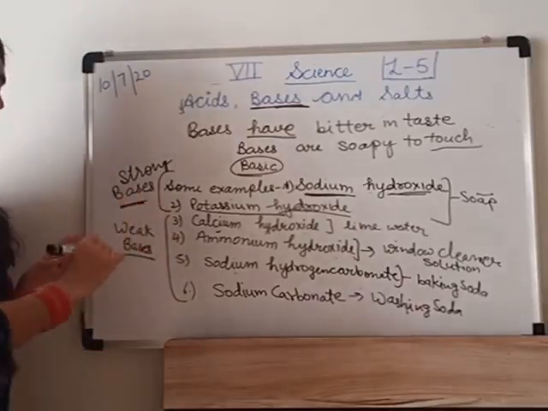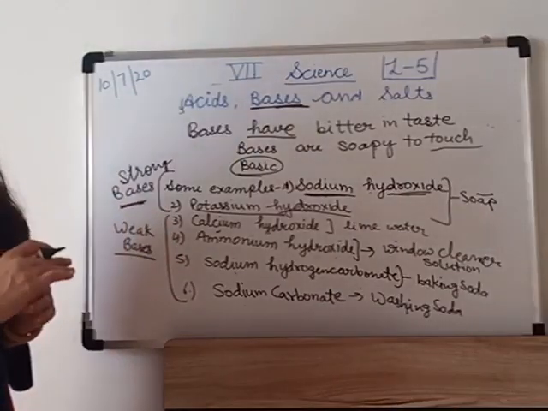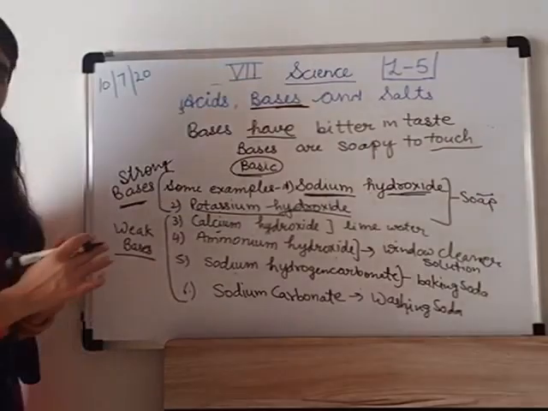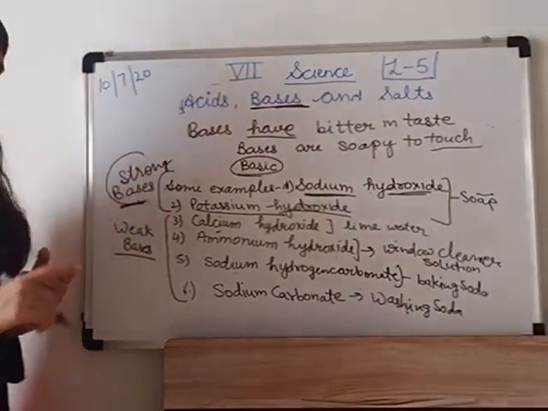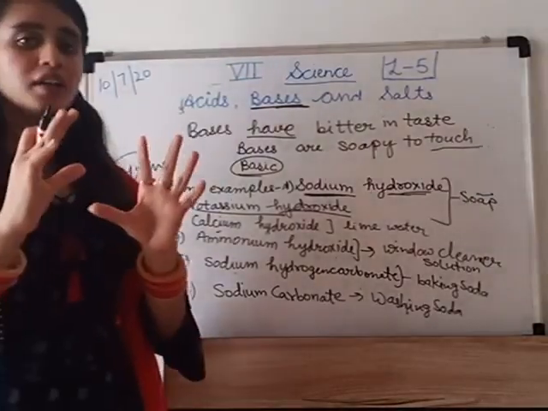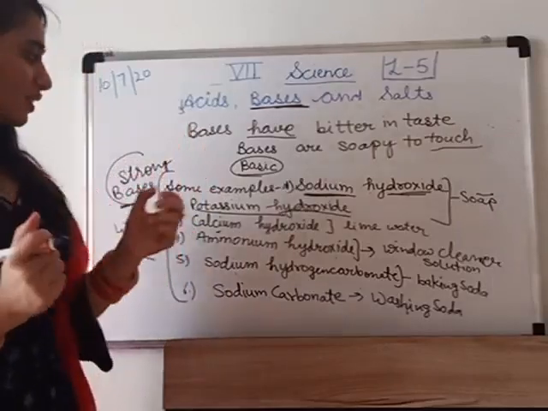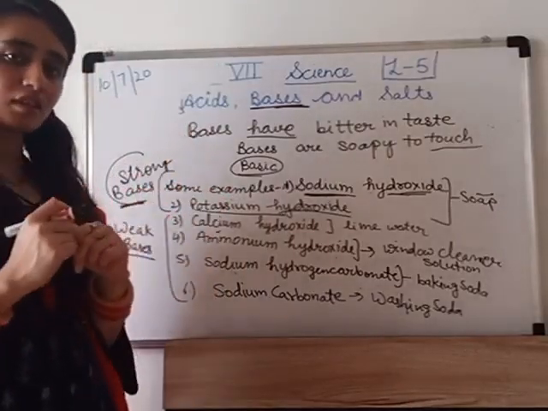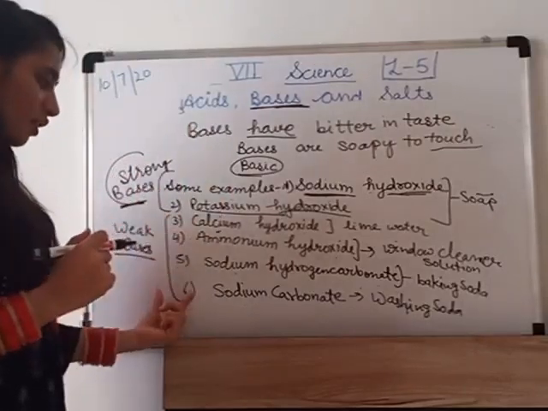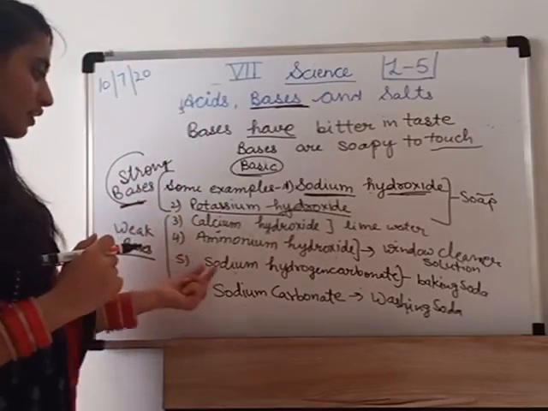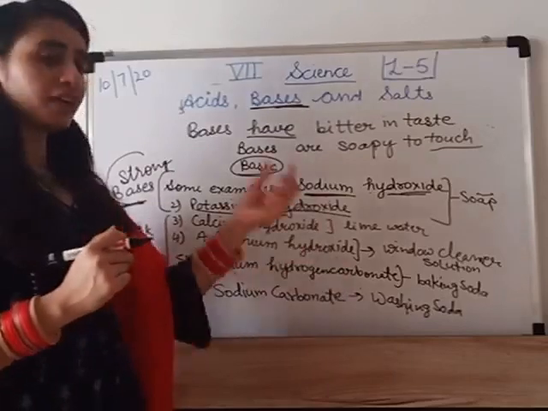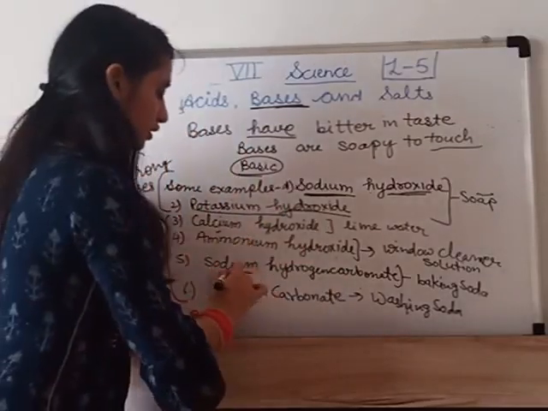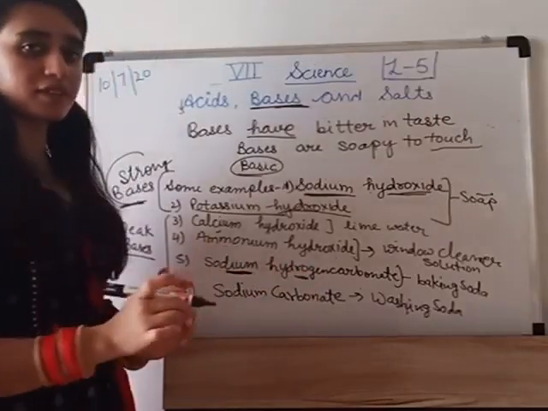These strong bases are not safe for us to eat because they are very dangerous and can burn our skin also. And these are weak bases, and sodium hydrogen carbonate is safe for eating. This is a very weak base.